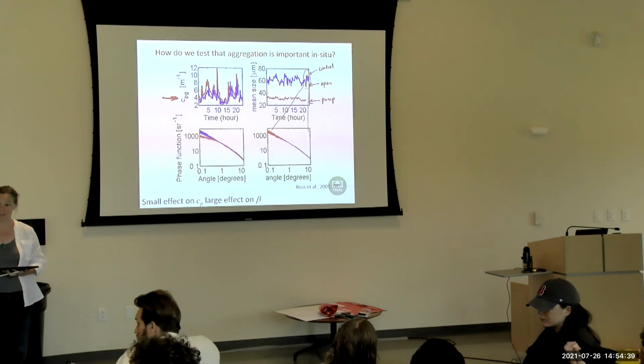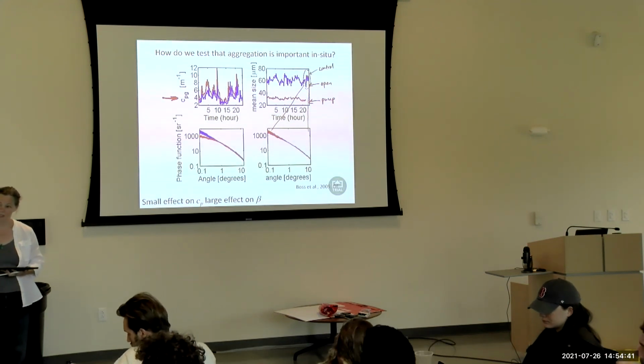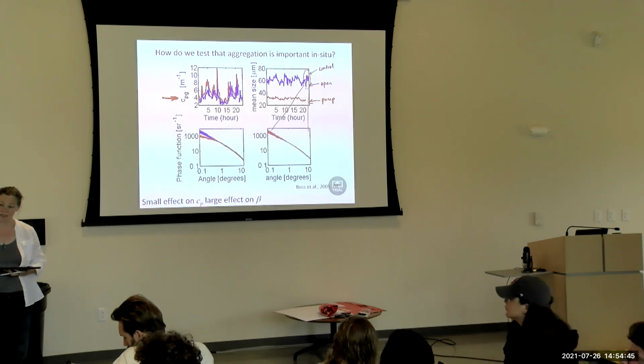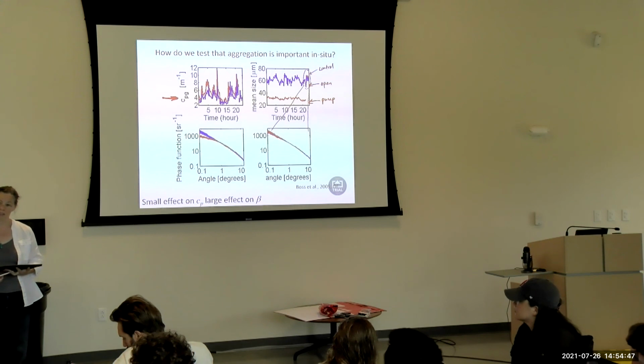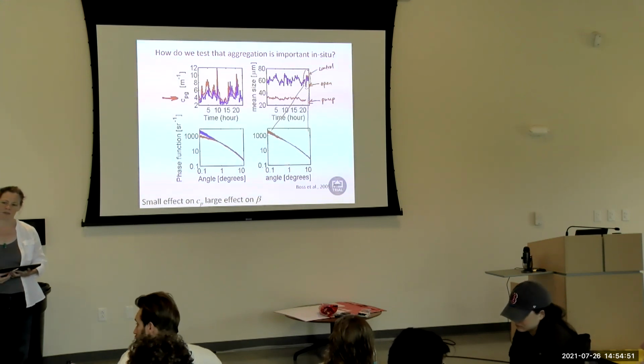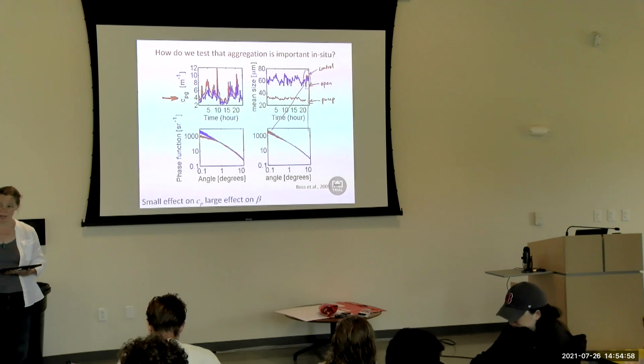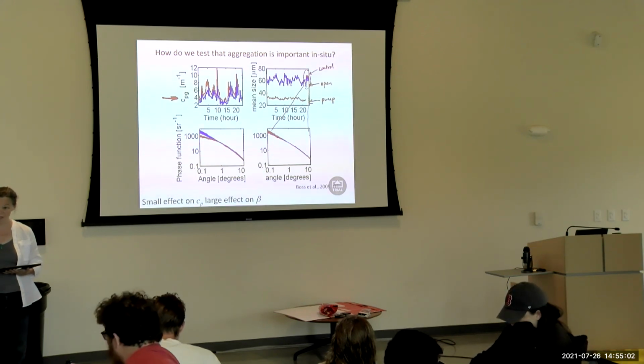If you break up the cell, would you expect to see a similar, you don't have a change in CP, but you have a big effect in B, or would it be different because we're breaking up a cell as opposed to an aggregate? I would think it would be different because we're talking about breaking up a cell, right?